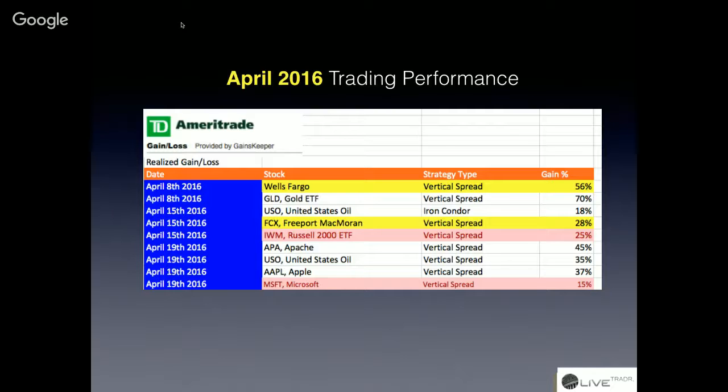So the question is, how do we capitalize on a very high probability wave count, and where do we determine the strike prices when trading options? When we trade vertical spreads, the strike prices determine a lot of factors, whether that vertical spread works in our favor or not. In this webinar, hopefully I'll show you step by step.